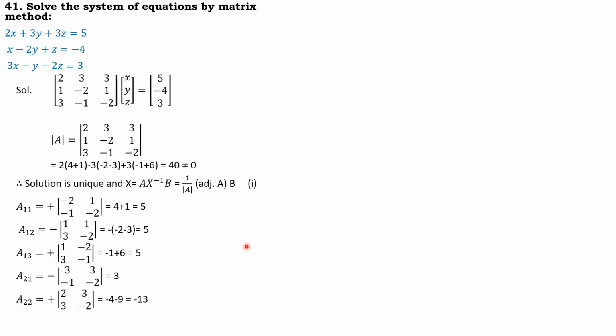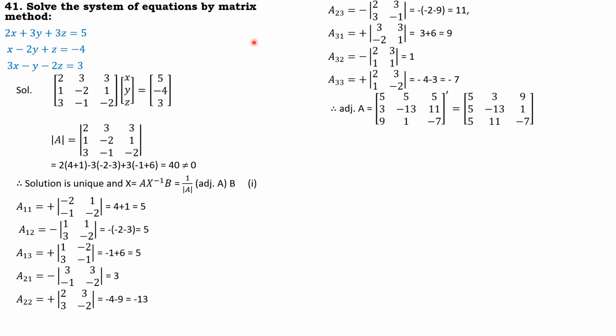So please calculate all the cofactors of the matrix A, and we have calculated 5, 5, 5, and 3 minus 13 11, 9 1 minus 7. Adjoint means we have to transpose that.